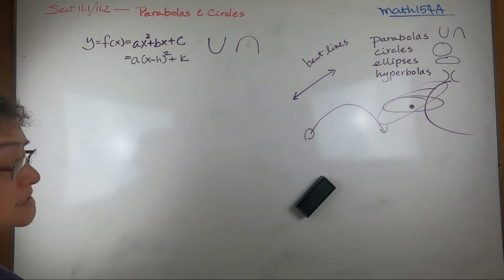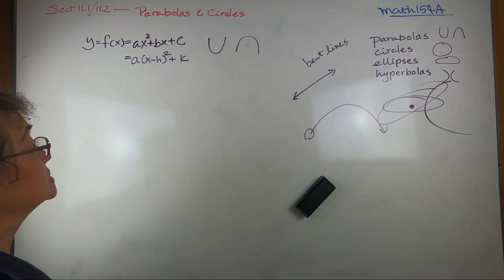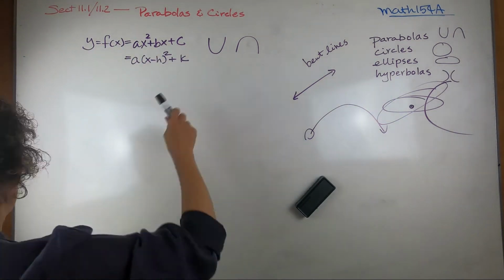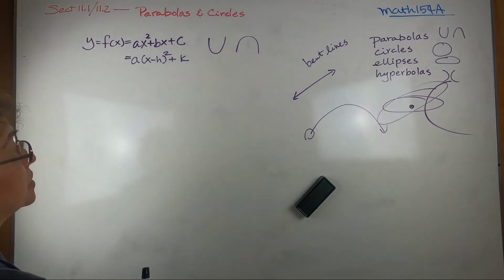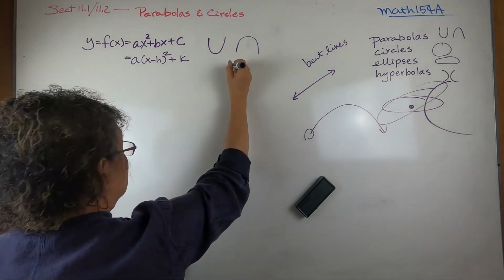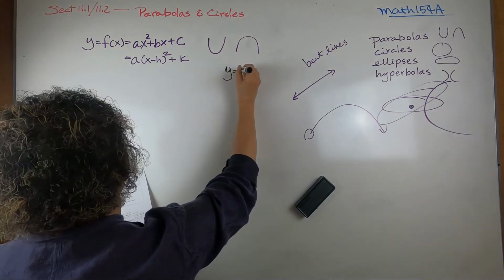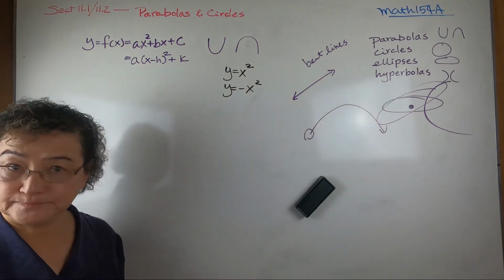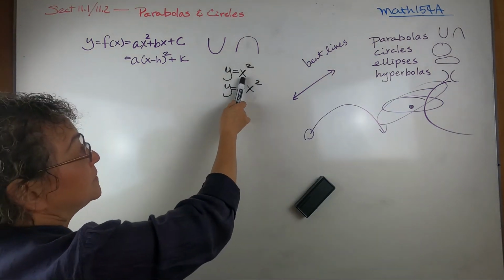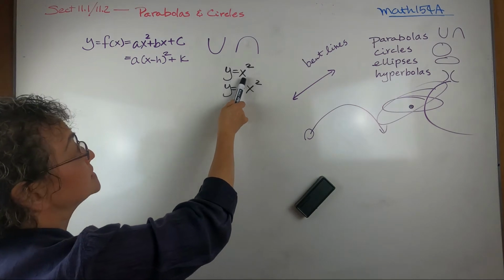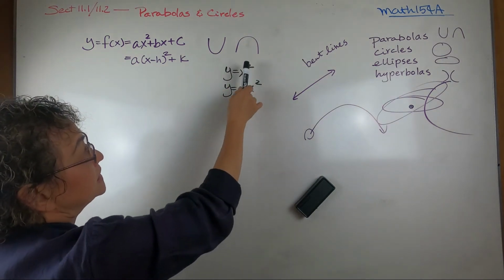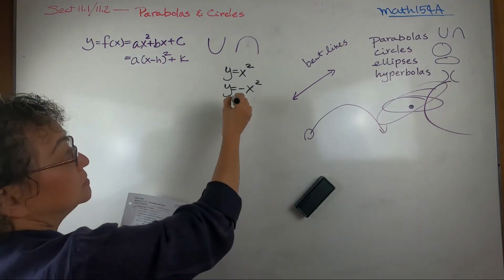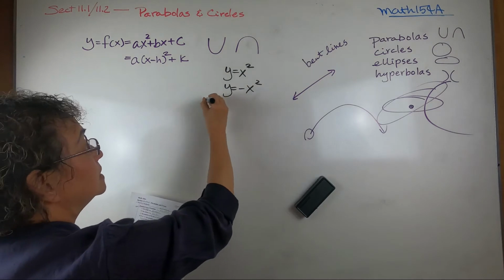So it's a second degree polynomial written as a function, then the graph is a parabola, right? So we did this one like y equals x squared, y equals negative x squared. If the leading coefficient is positive, it opens up, negative, it opens down, right? And we just did a t-table to do that.